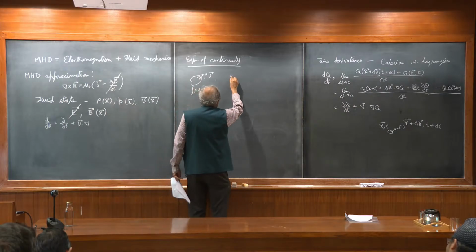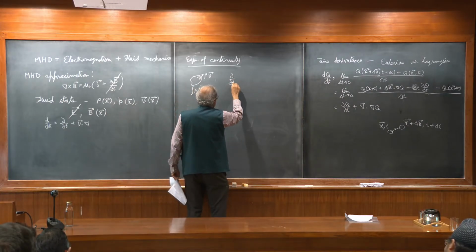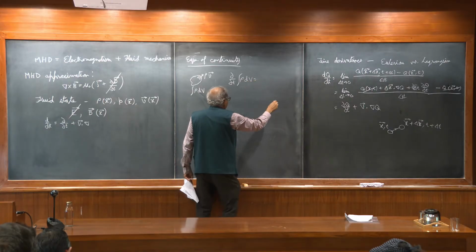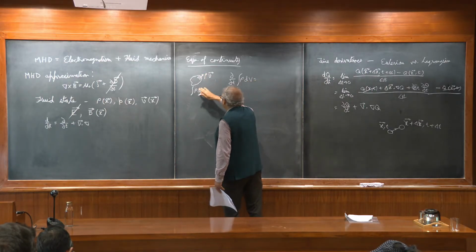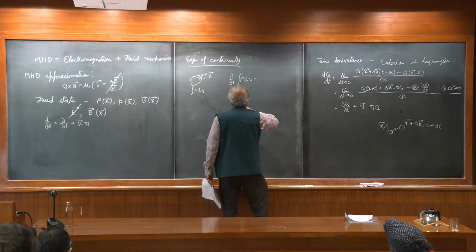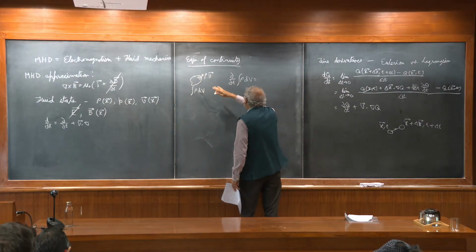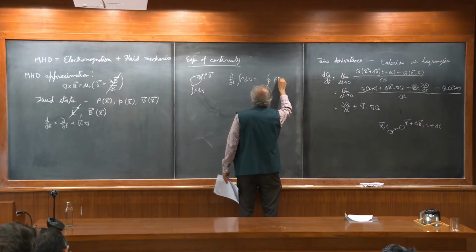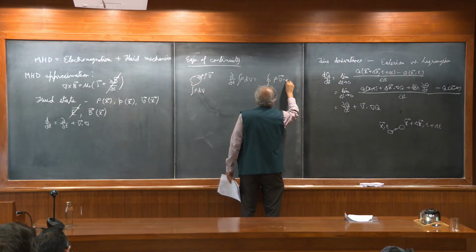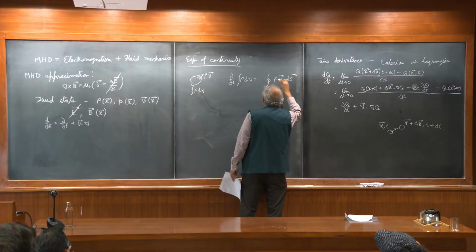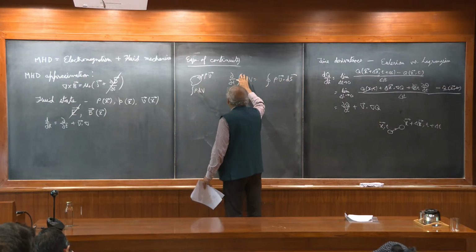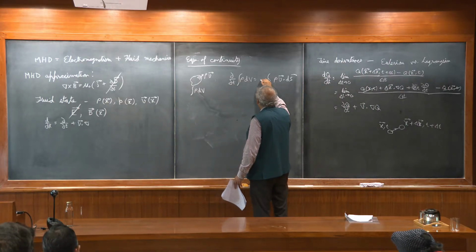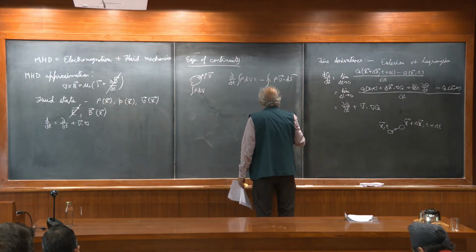So the rate of change of mass in this volume will be given by the mass flux all over the surface, that is rho v dot dS. If there is outward mass flux, that will reduce the mass inside the volume, so you have to put a minus sign.